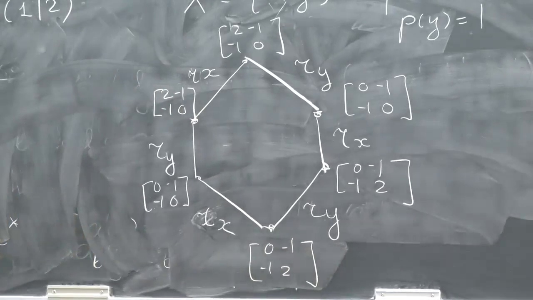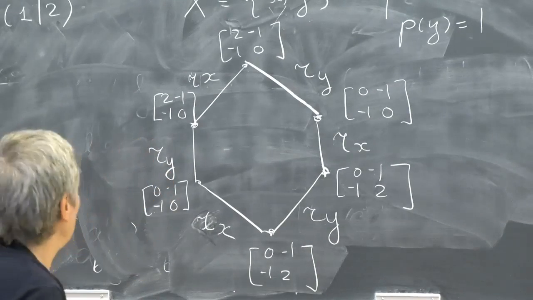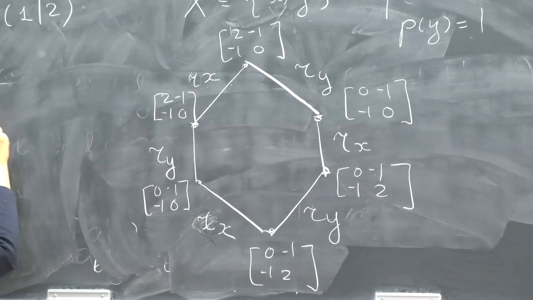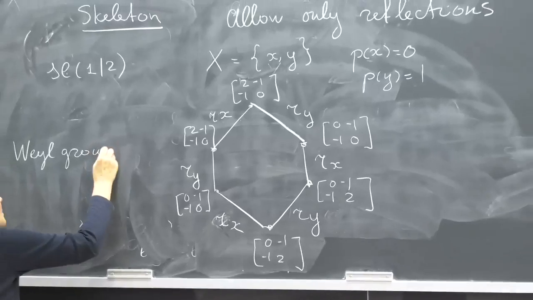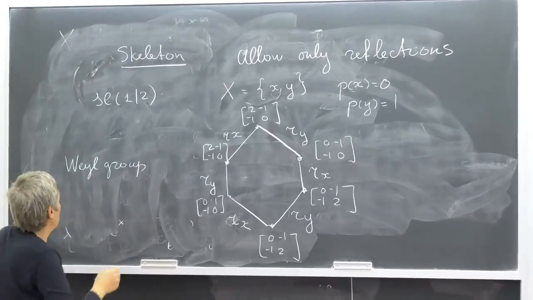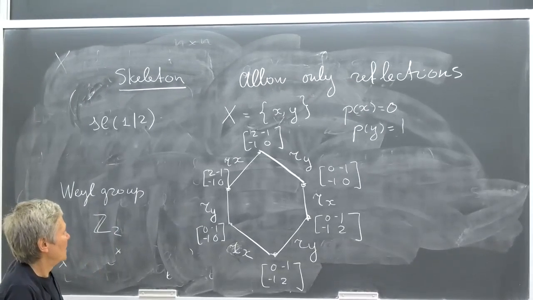Okay. So the trick is that, of course, inside all this, I do have a Weyl group as well, the usual Weyl group. I will explain in a moment. But in this case, the Weyl group is not so interesting because it's just Z2, the cyclic group of order 2.